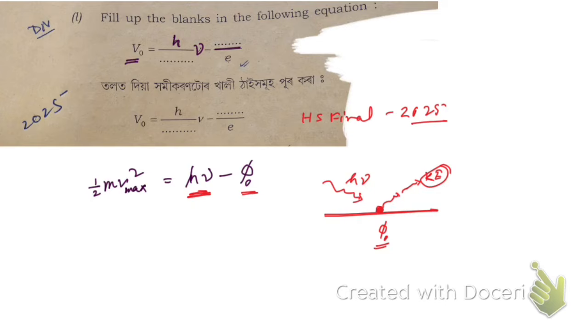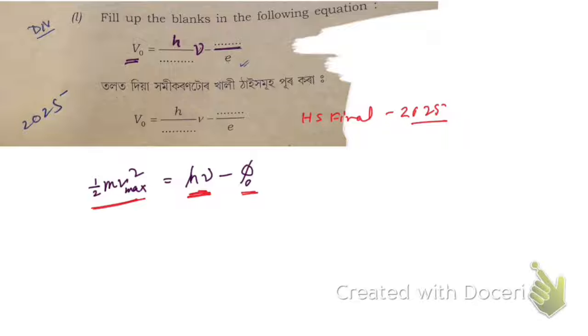So the energy of the photon must be equal to the maximum kinetic energy plus phi naught. Therefore, the maximum kinetic energy, which is given by half m v max squared, is equal to h nu minus phi naught, right?